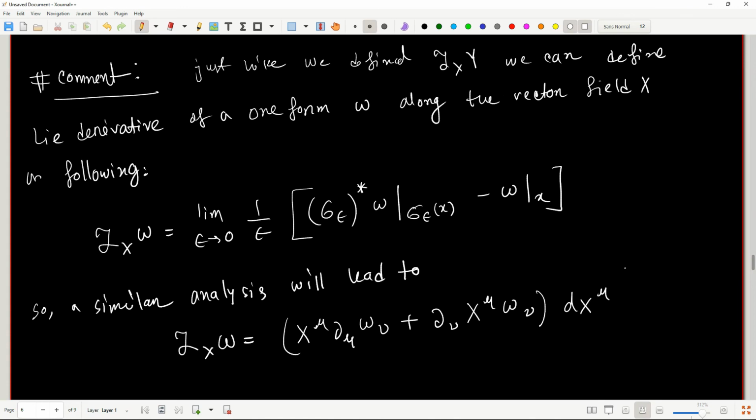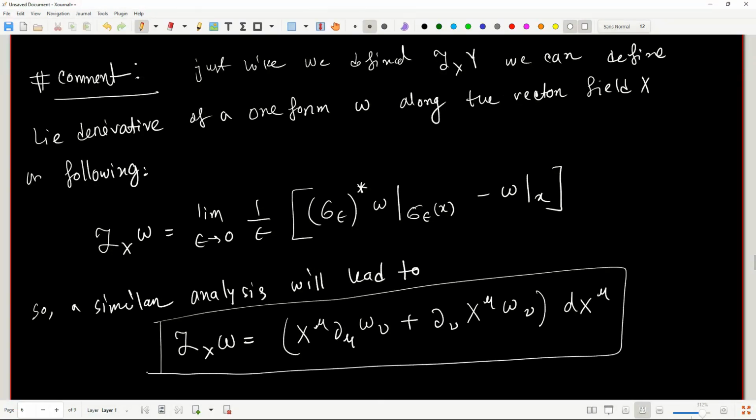This almost looks like an anti-commutator, but we are not going to say that it is indeed an anti-commutator because you actually need to show that. So this is your Lie derivative of a form.